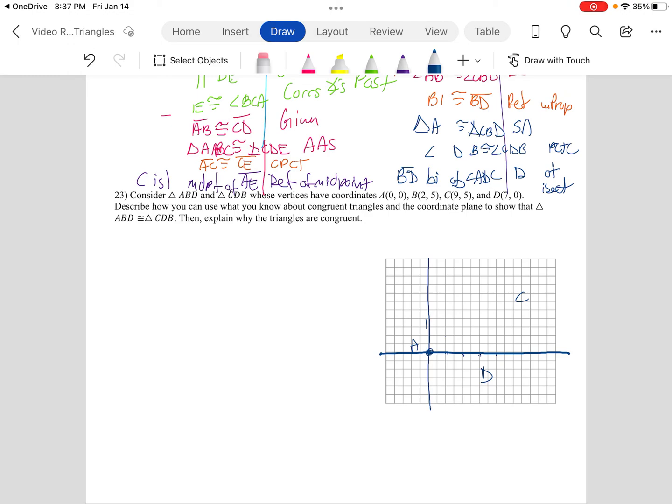A is at 0, 0. B is at 2, 5. C is at 9, 5, right there, and then D is at 7, 0, right there.